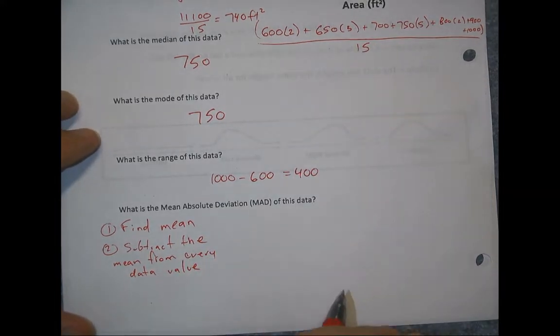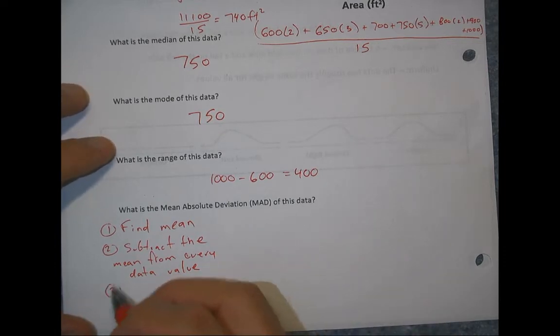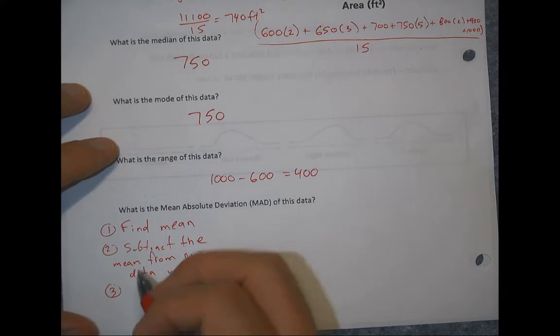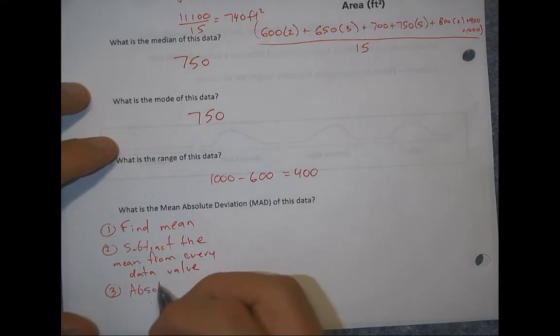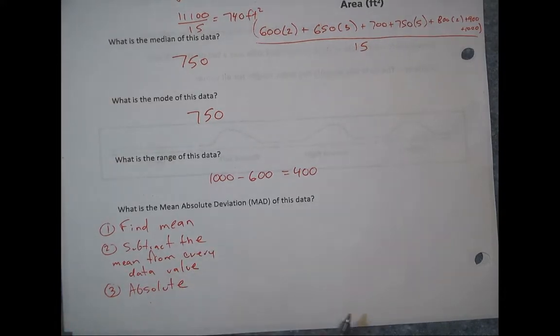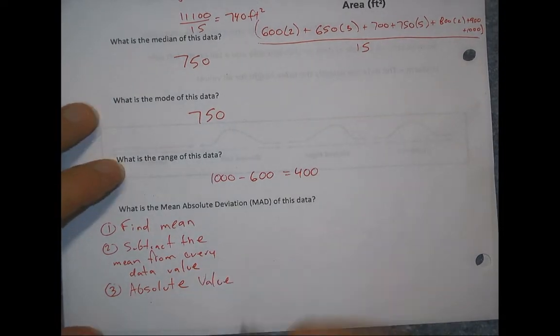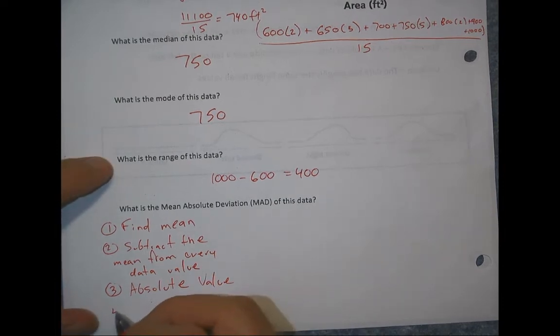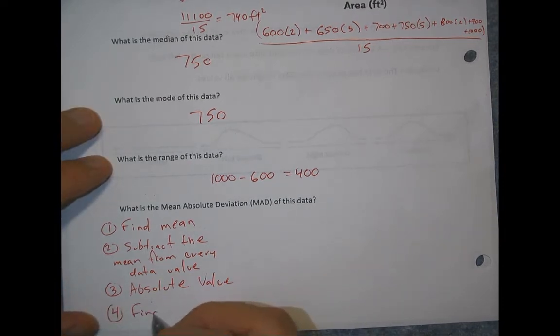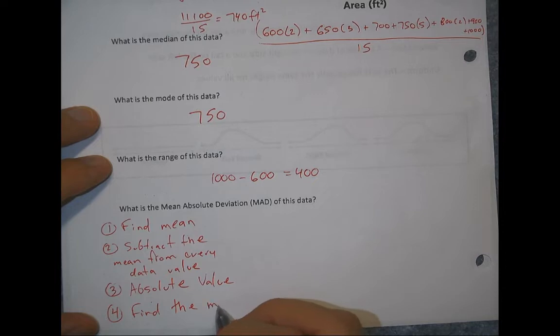So I'm going to have to subtract it 15 times. That's the worst part. Next, I'm going to take the absolute value, meaning if it's negative, make it positive. Absolute value. So no negative numbers here. And then I'm going to find the mean of those answers.